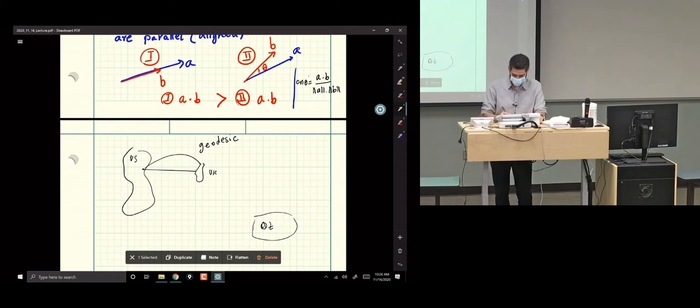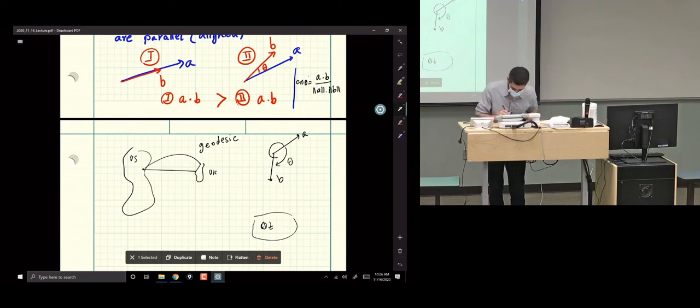So what I was talking about is that if this is A and this is B, we don't take this, we take the shortest path, right? So we tend to take the one that is smaller.